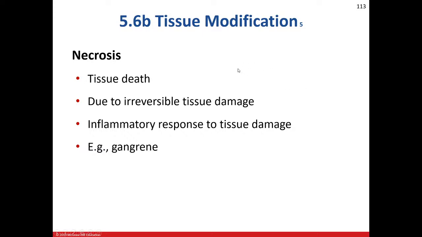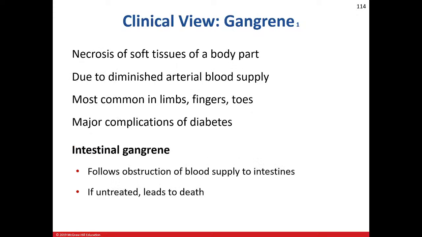Necrosis is death of the tissue, and it's due to irreversible tissue damage. It's an inflammatory response to tissue damage. An example here is gangrene. With gangrene, you see necrosis of the soft tissues of a body part, and it's due to limited or diminished arterial blood supply.